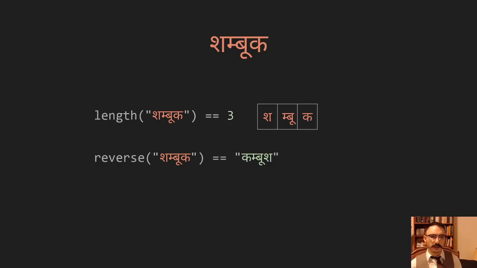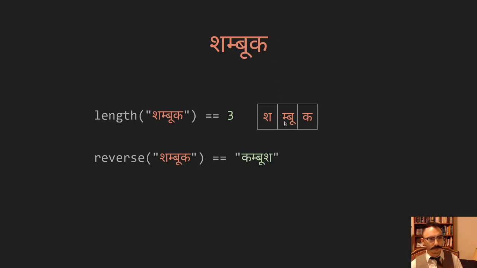Let's try something else. This is a little bit more complicated. This is the Sanskrit word for snail, pronounced shambuka in Sanskrit. Any Sanskrit speaker would say that this consists of 3 characters, or rather 3 aksaras. The first one is sha, as you can see here.